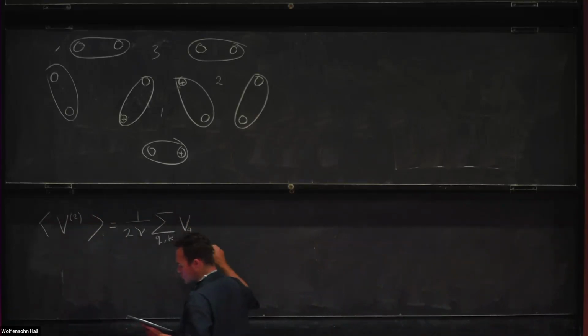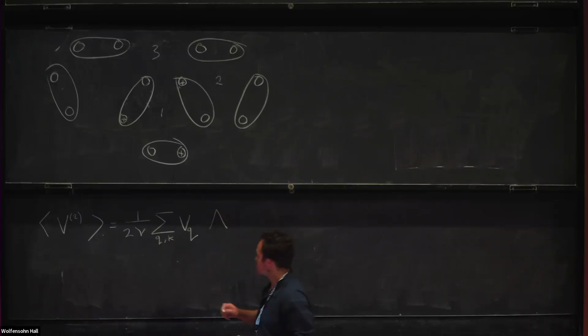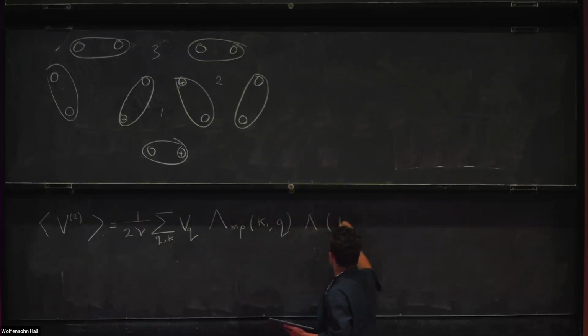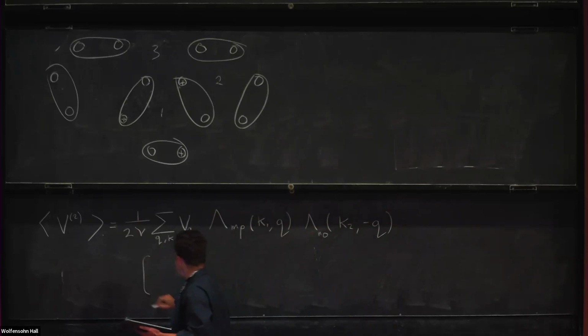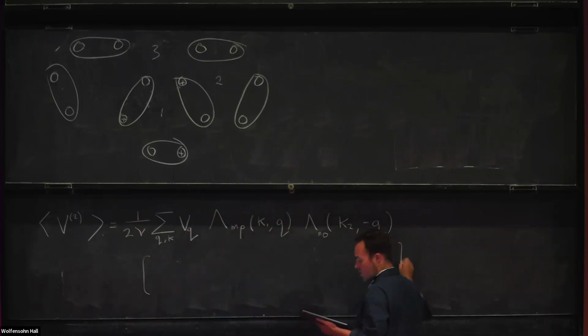Q. Because there are two factors of the density operator, the form factor is going to show up twice: once for n of q, and then once for negative q. And then I'm going to have a Hartree and a Fock type expectation value.